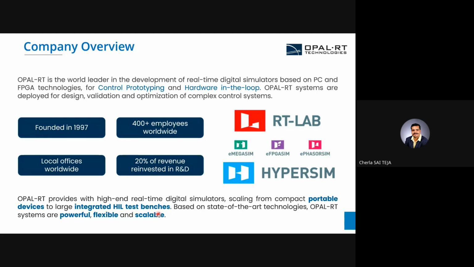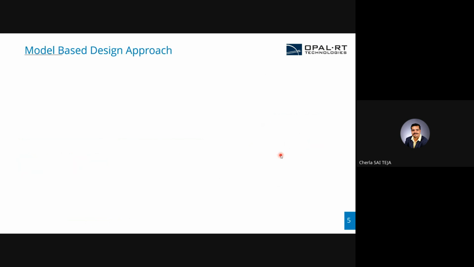In the coming slides, you can see what these test benches are and what their application is. All these technologies and systems are powerful, flexible, and scalable. These are the two software tools we have, specially designed to cater to applications right from power systems to power electronics.